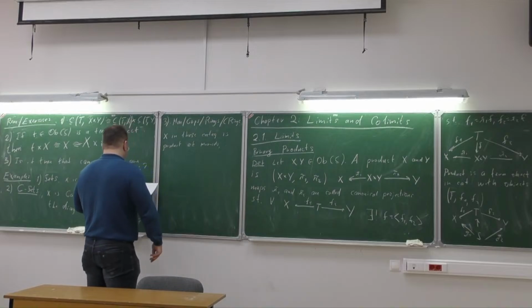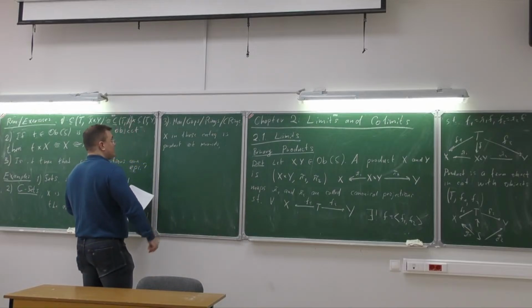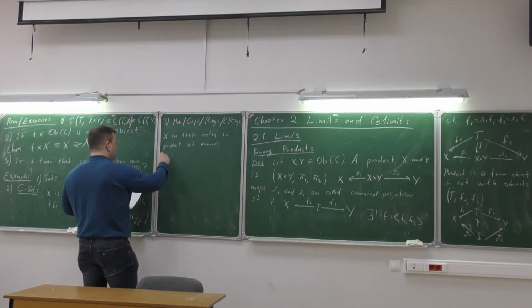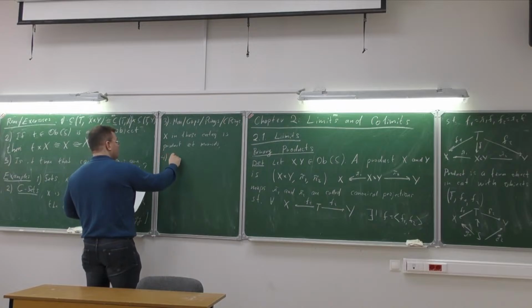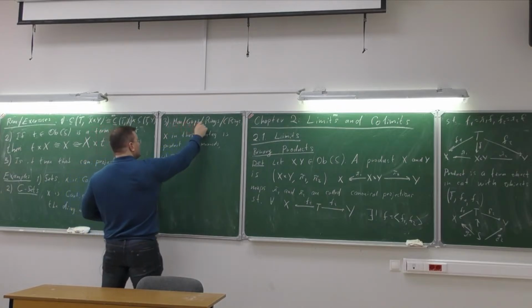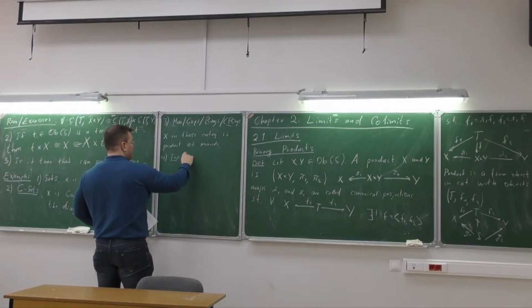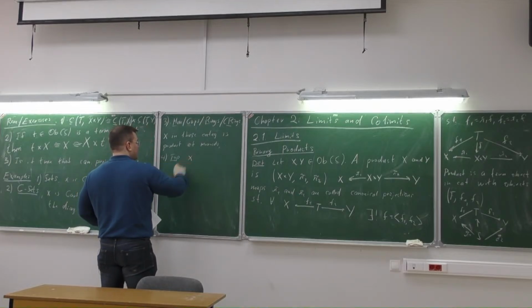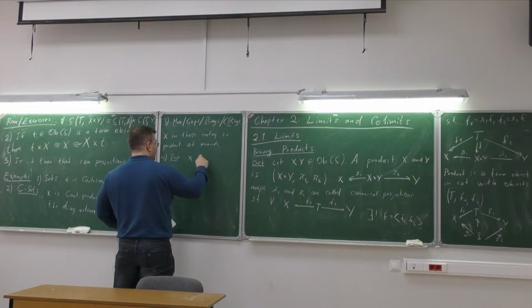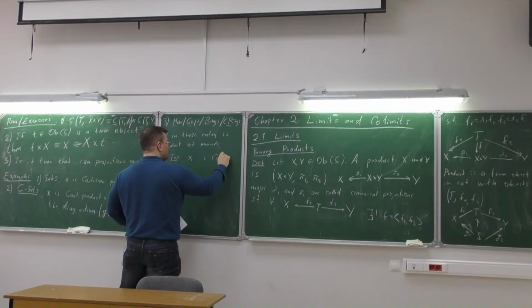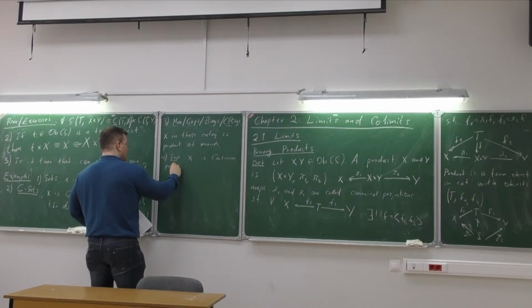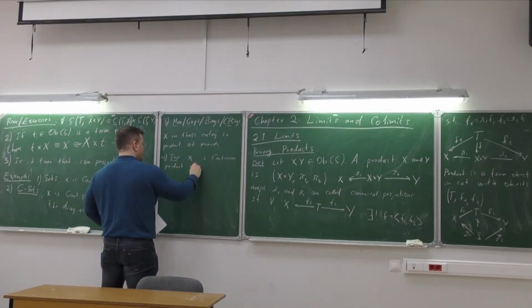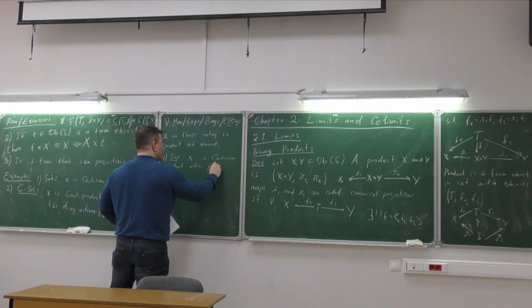And if you do topological examples, again, there are no surprises. So say, take topological spaces, again, the product in this category is the Cartesian product with the product topology.